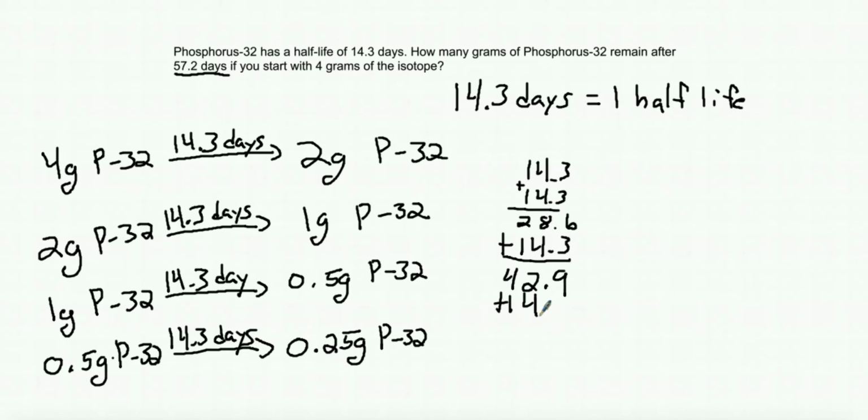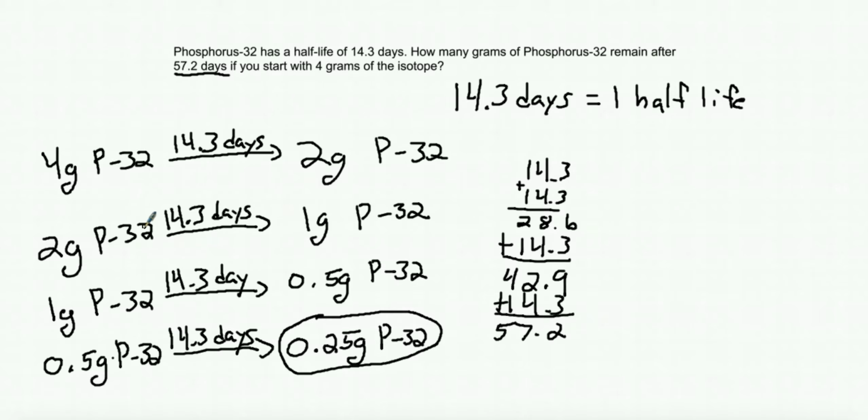So now let's add on another 14.3 days that have passed by. And now we see that we have reached 57.2. So after 57.2 days, 0.25 grams of phosphorus-32 remains. And we're just compounding this time here. That radioactive sample will continue to decrease by half after every half-life period.